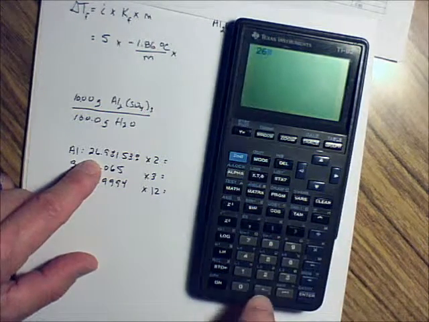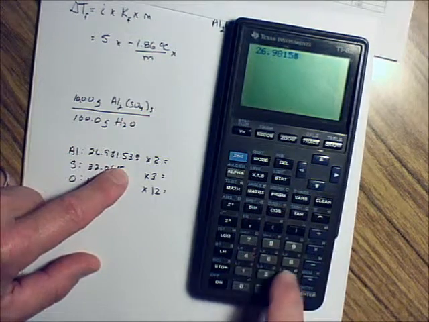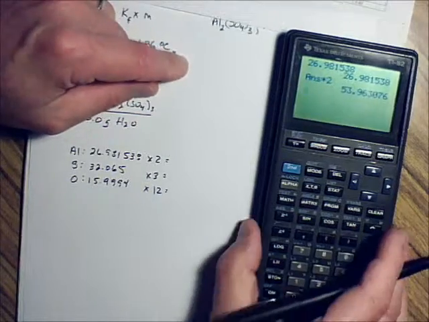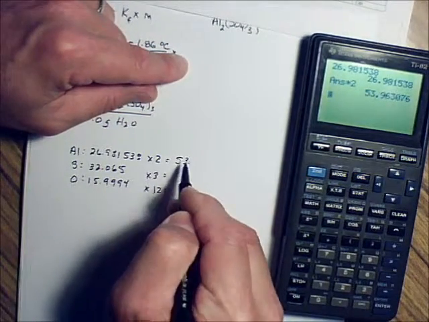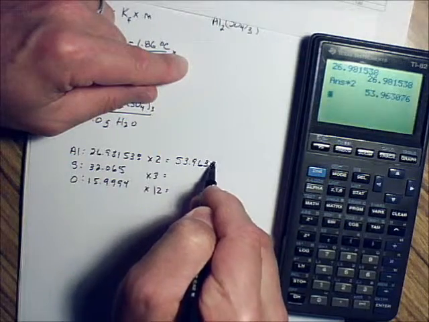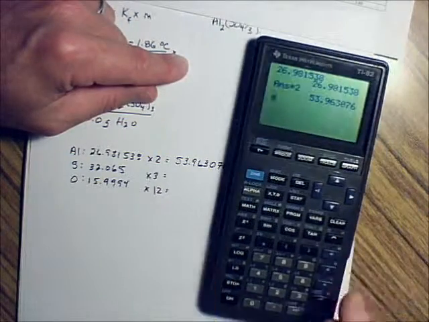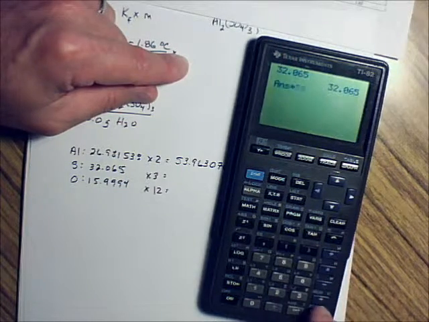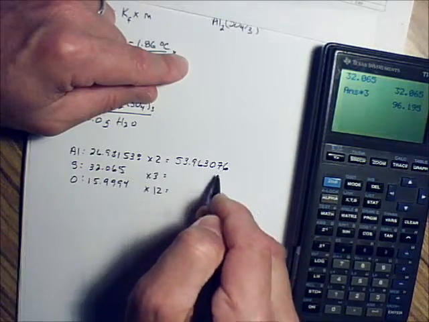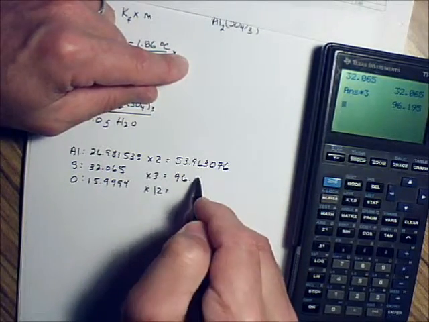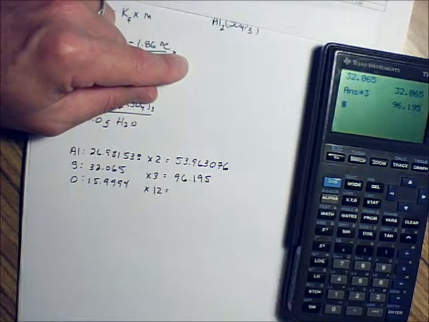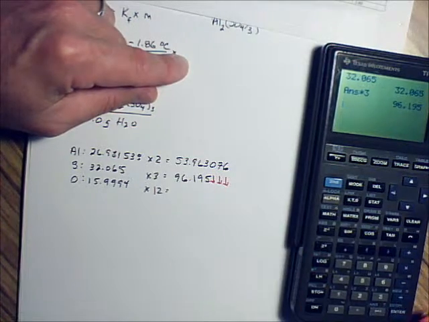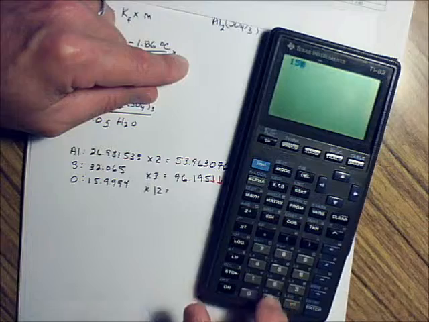All right, so 26.981538 times 2, I got 53.963076. And then 71.9928.